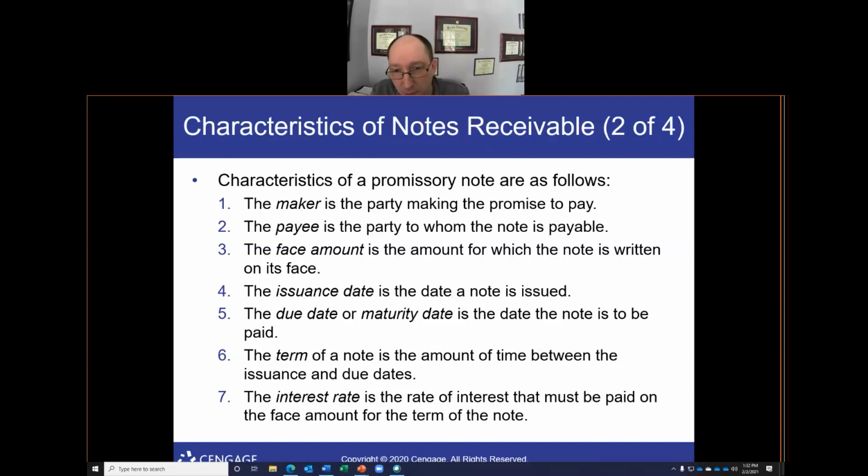The face amount is the dollar amount that the loan is for. Issuance date is when the loan was issued. Due date is when it's due, also known as the maturity date, or when it should be paid off by, right? The term is how long it's for. And the interest rate is how much interest is expected to be collected on the face value.